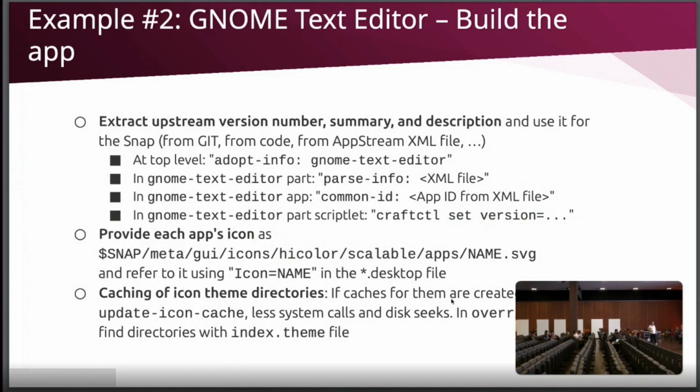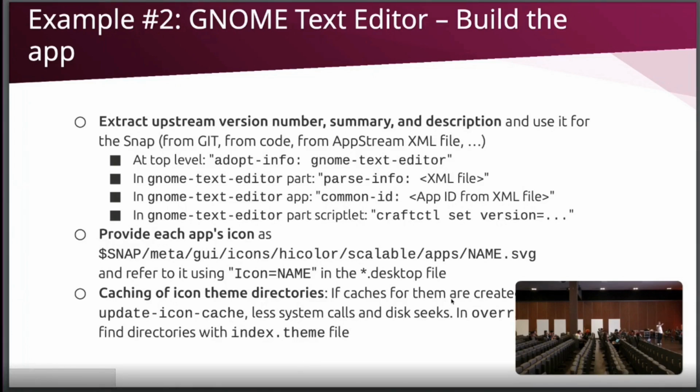But it should principally be the upstream release number, and to not have to update the version number in the metadata by hand every time, and especially if we later apply update automation on releases, we want the snap's version number always to be correct. Therefore, we delegate the supply of the version number to the GNOME text editor part, and do not have it hard-coded in the metadata section.